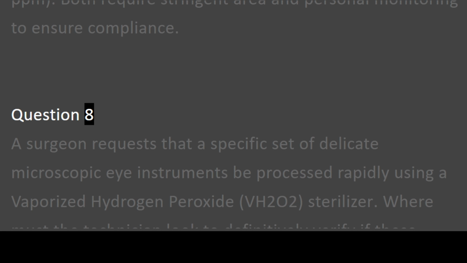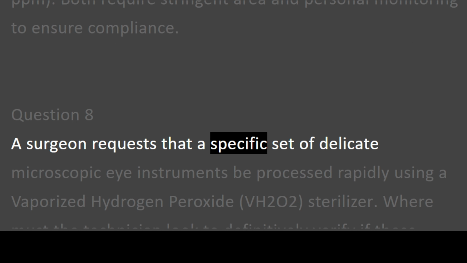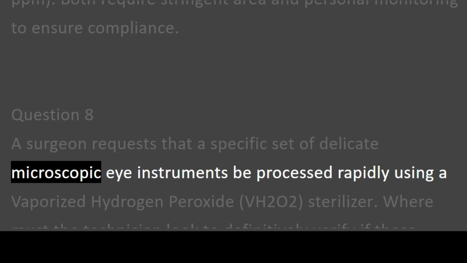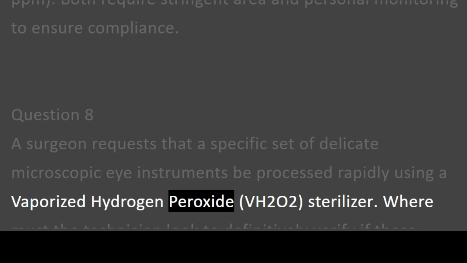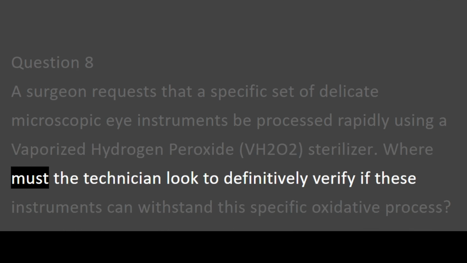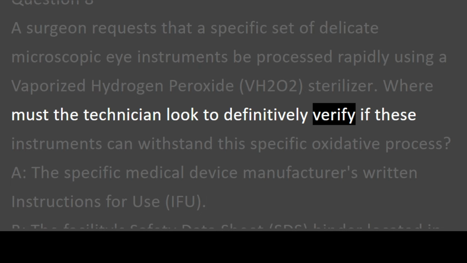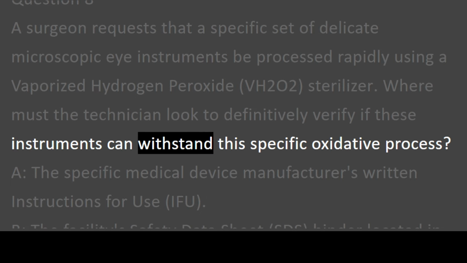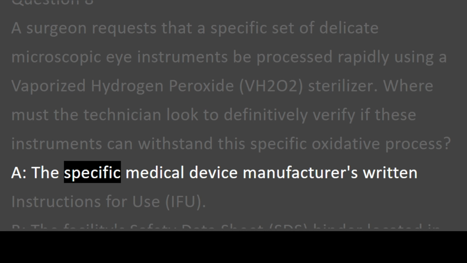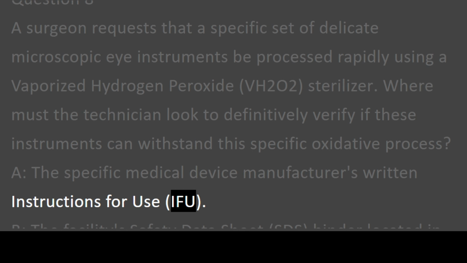Question 8. A surgeon requests that a specific set of delicate microscopic eye instruments be processed rapidly using a vaporized hydrogen peroxide, VH2O2, sterilizer. Where must the technician look to definitively verify if these instruments can withstand this specific oxidative process? A. The specific medical device manufacturer's written instructions for use, IFU.